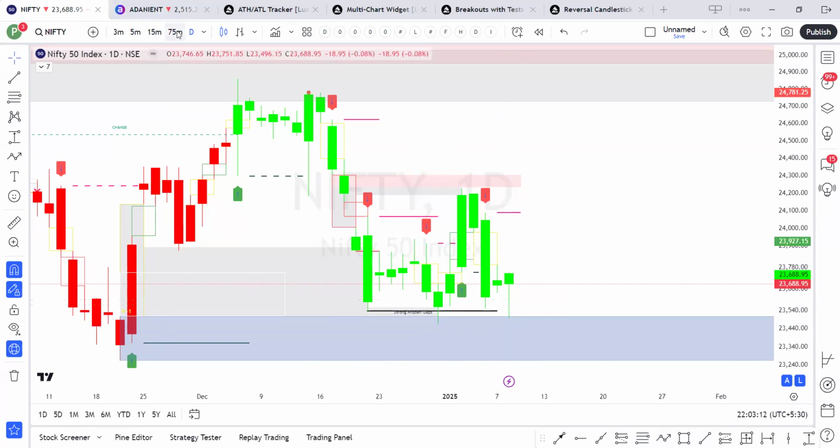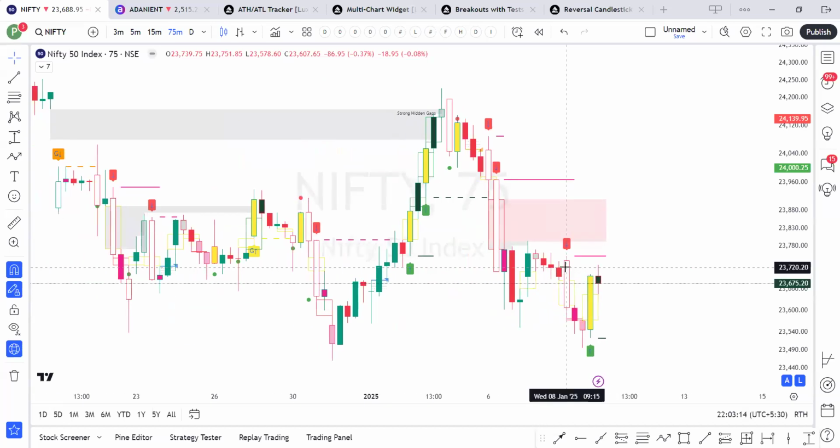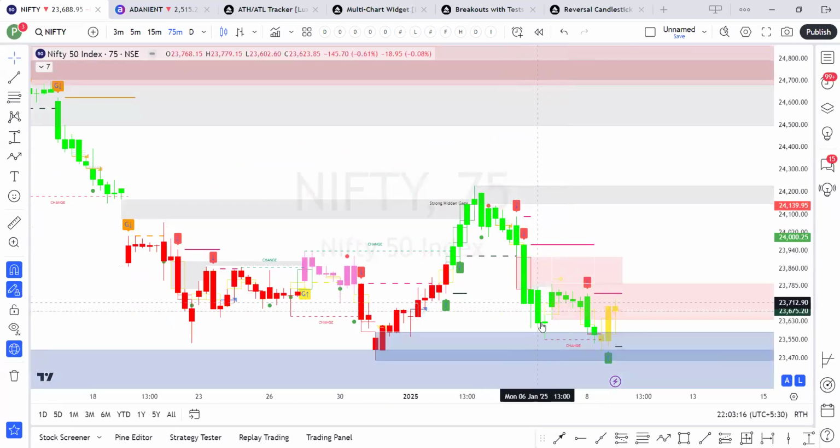The same thing happened on the 75-minute chart as well. There was strong selling pressure when price touched this buying area. Therefore, it went up slightly, but again it came down below this. This is a common observation. We can see this in multiple charts that whenever there is strong selling pressure, even if it touches the buying area, prices can go up and come down.